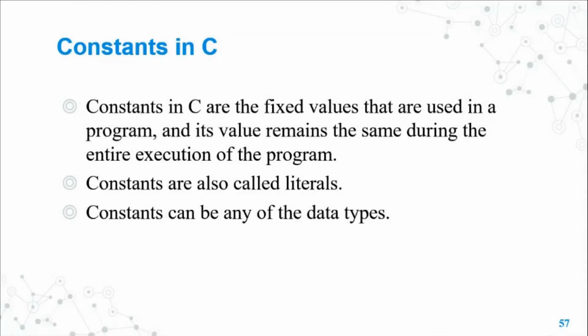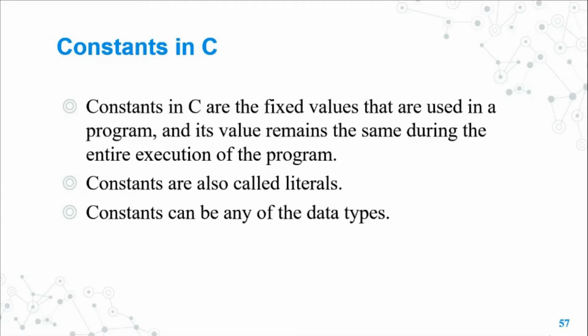So let's see what are the conditions. Actually we have discussed that the constants in C are the fixed values that are used in a program, and their value remains the same during the entire execution of the program. We cannot change the value of a constant within a program. That is the condition. So constants are also called literals. Literals in the sense you may give a specific value, say, we know that the value of pi is 3.14.